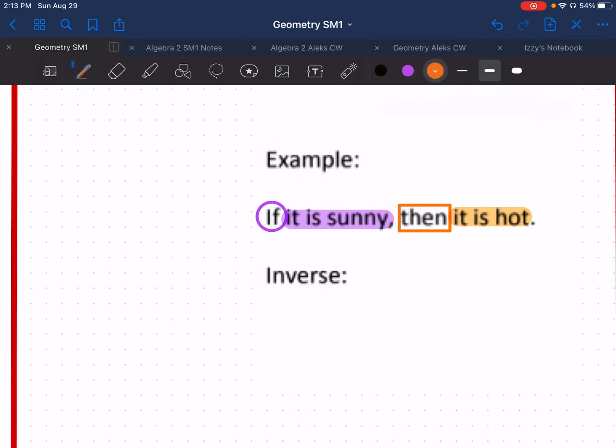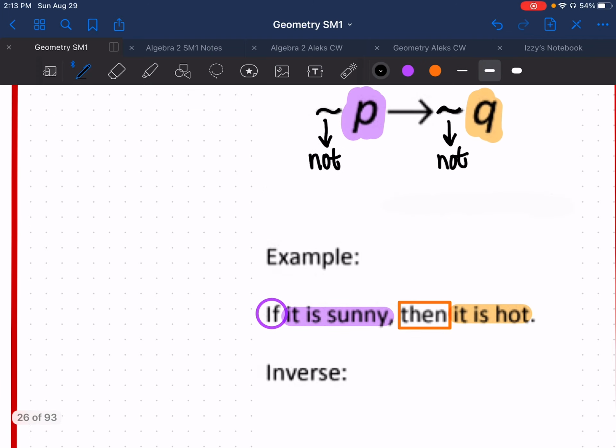I am going to keep the structure of the sentence because if I pull it right down, I need to keep the purple first and I need to keep the orange second. It needs to stay in that form. All I'm simply going to do is add the word not into here. It is not sunny.